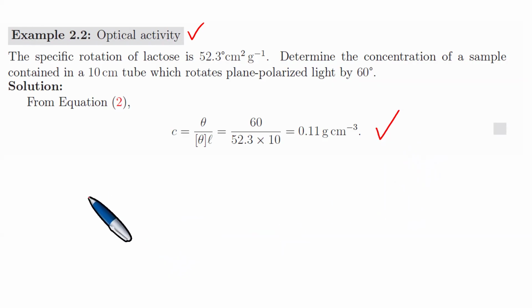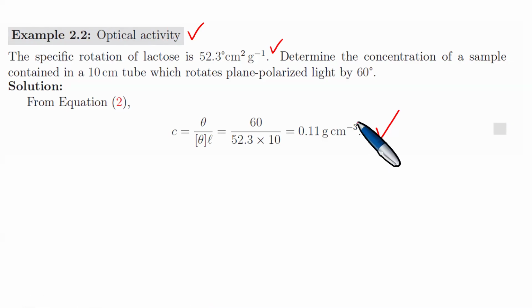The optical activity, the specific rotation of lactose is 52.3 degrees square centimeters per gram.